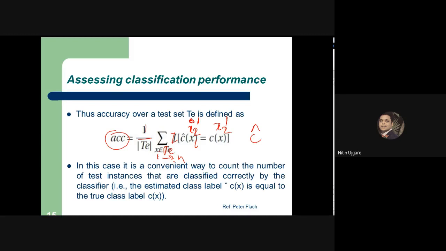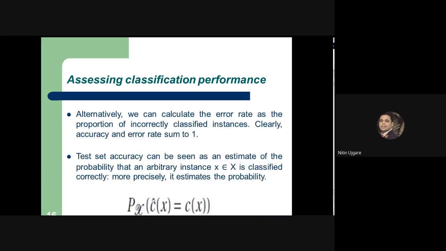So it is a convenient way to count the number of test instances that are classified correctly by the classifier, that is, the estimated class label C cap of X is equal to the true class label C of X. C of X is my true class label and C cap of X is my predicted class label, or you can refer to it as the estimated class label.